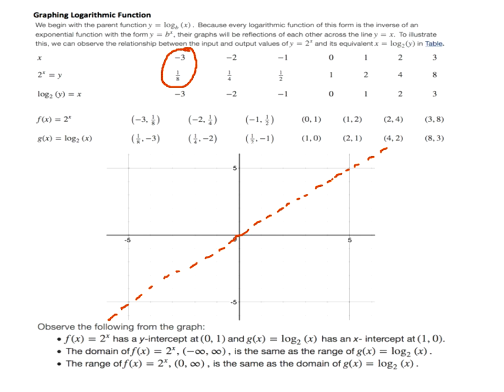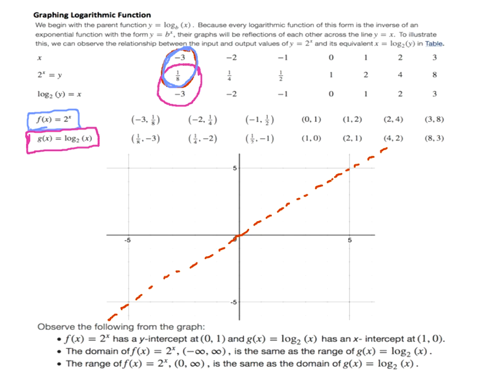So that would say I would input 1/8 and get out -3. So actually, let me change the color here so I can put these onto the graph. So these are just the points laid out for us, so we don't have to go through the process of evaluating all those to put them onto the graph, just so we can get a good picture of what it looks like.